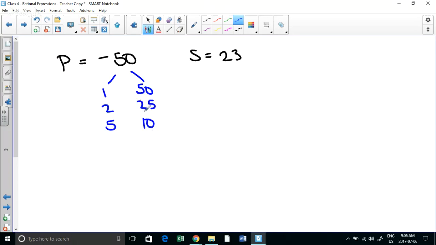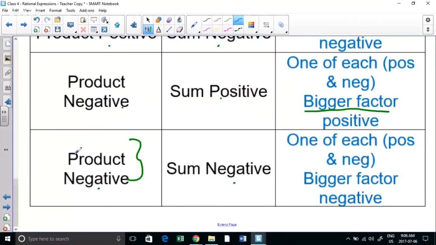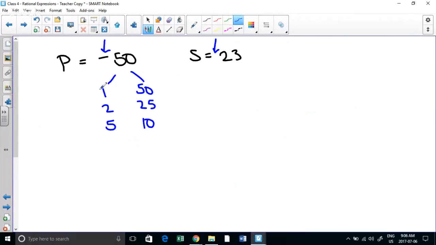So this is what we've got. Because this is negative, this is positive, I go to my chart and I say, okay, my product is negative, but my sum is positive. It means one factor is going to be positive and one negative, and the bigger factor is positive. So I go down my list and I say, okay, the bigger factor is going to be positive, but negatives on the smaller ones.